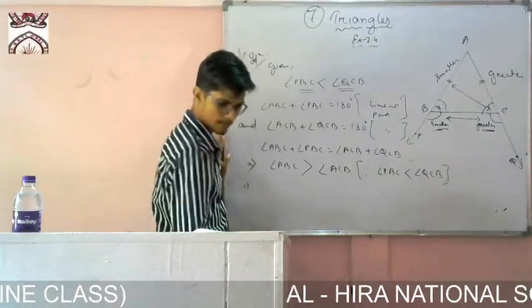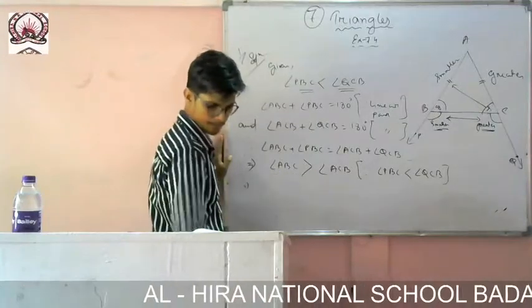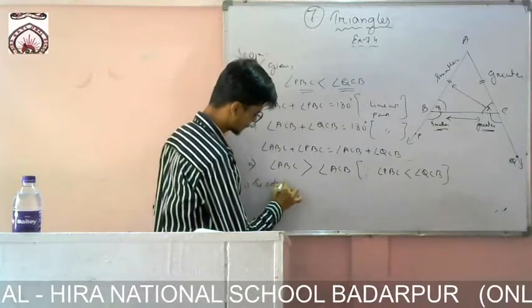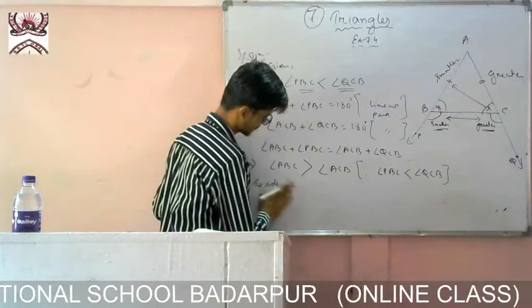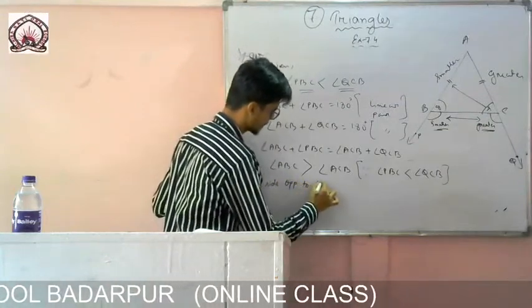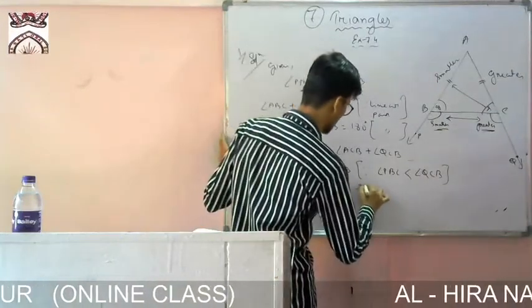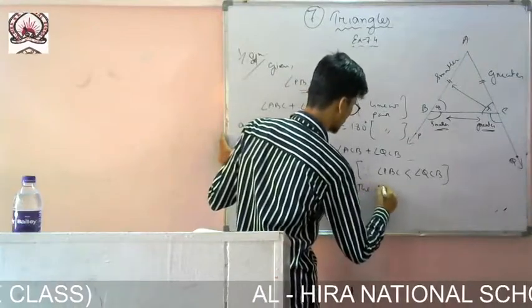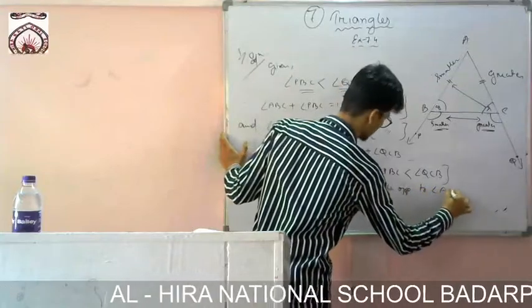There also you can directly write: therefore, the side opposite to angle ABC will be greater than the side opposite to angle ACB.